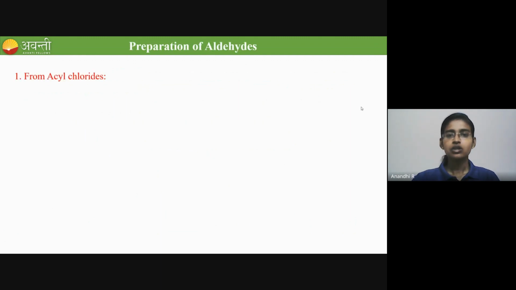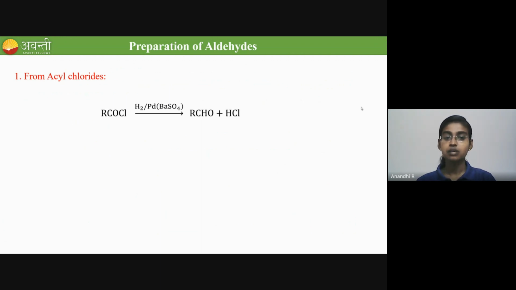Moving on to the preparation of aldehydes, we have a number of preparations. Under this, the first topic is from acyl chlorides, from which we are going to prepare the aldehydes. What are acyl chlorides? Acyl chlorides are C double bond O Cl containing compounds.